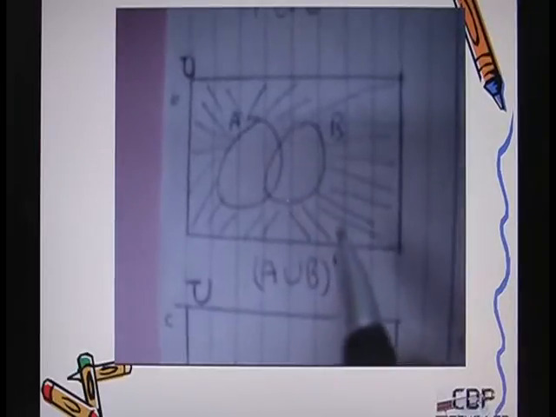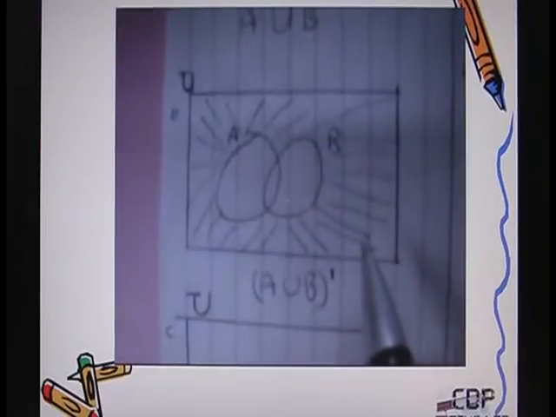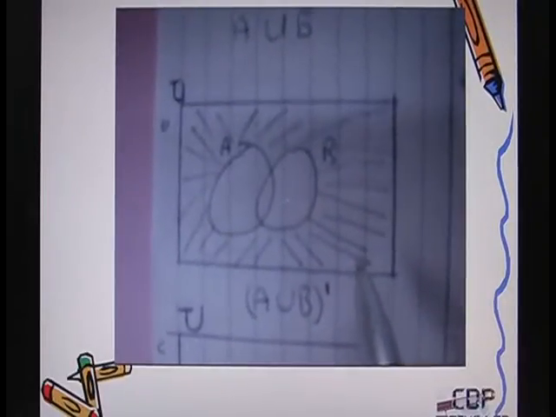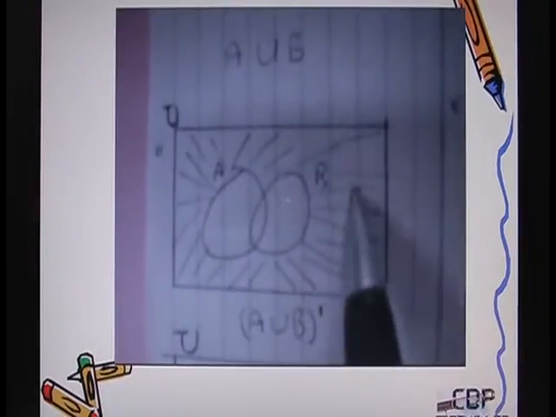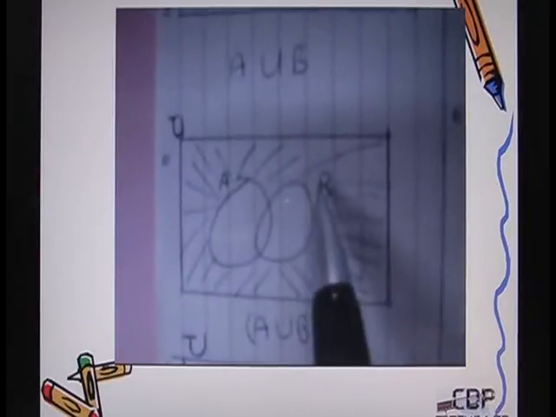Good? So this is A union B complement. Whatever is on the outside of the circles doesn't belong to set A nor set B, so they are complement.